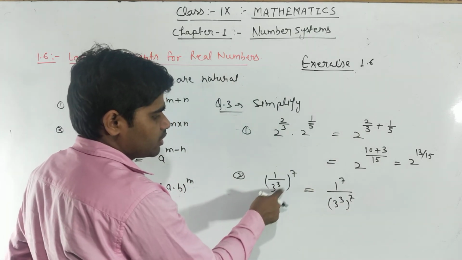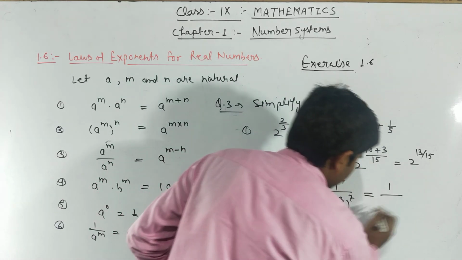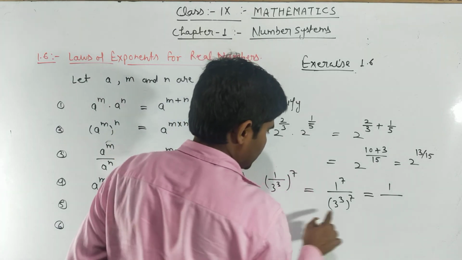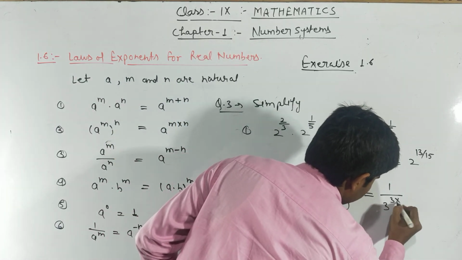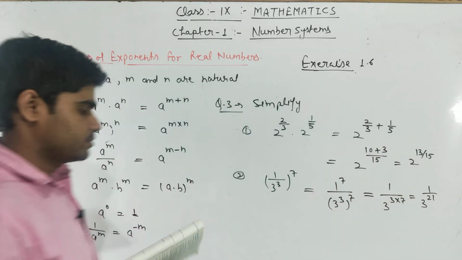Numerator power 7, denominator power 7. 1 raised to the power 7 is 1. 3 raised to the power 3, power 7, identity (a^m)^n = a^(mn), so 3 raised to the power 3 into 7. So 1 upon 3 raised to the power 21.